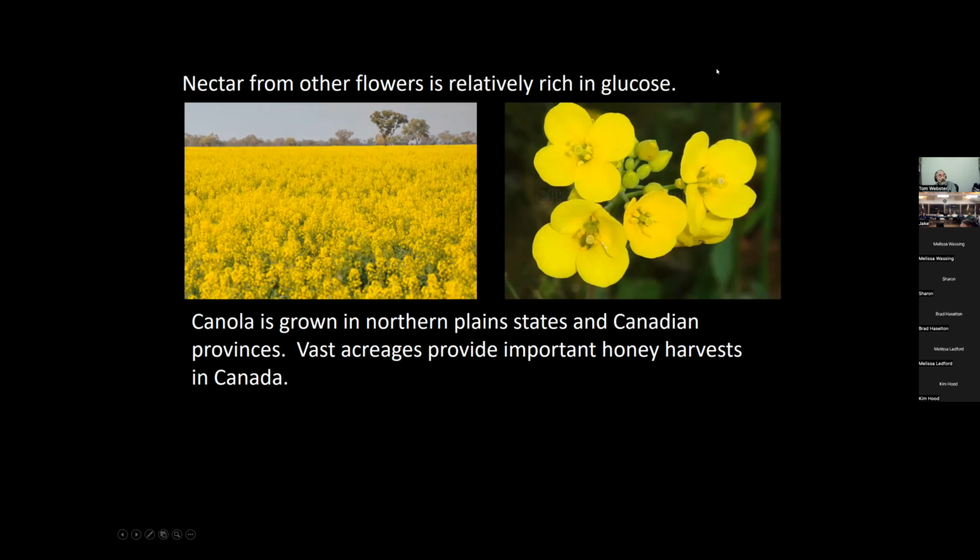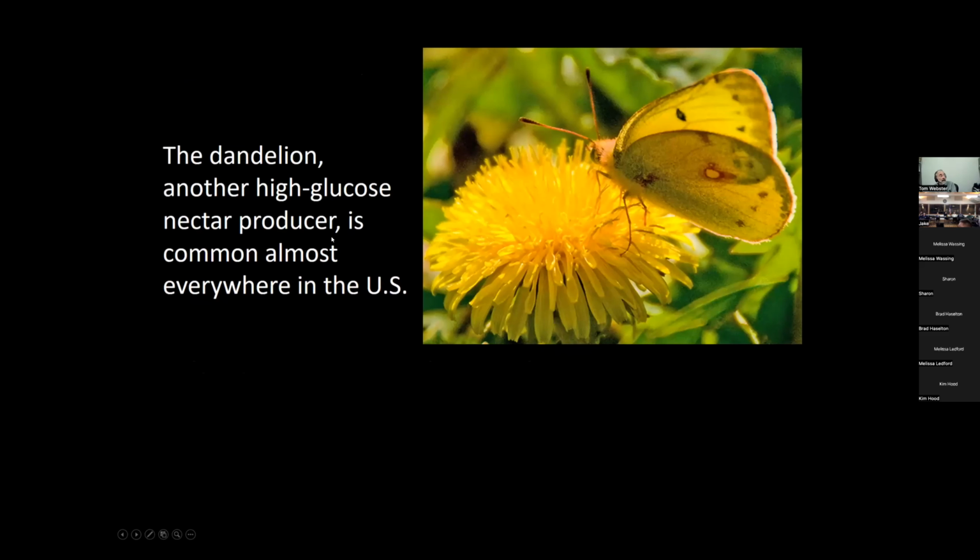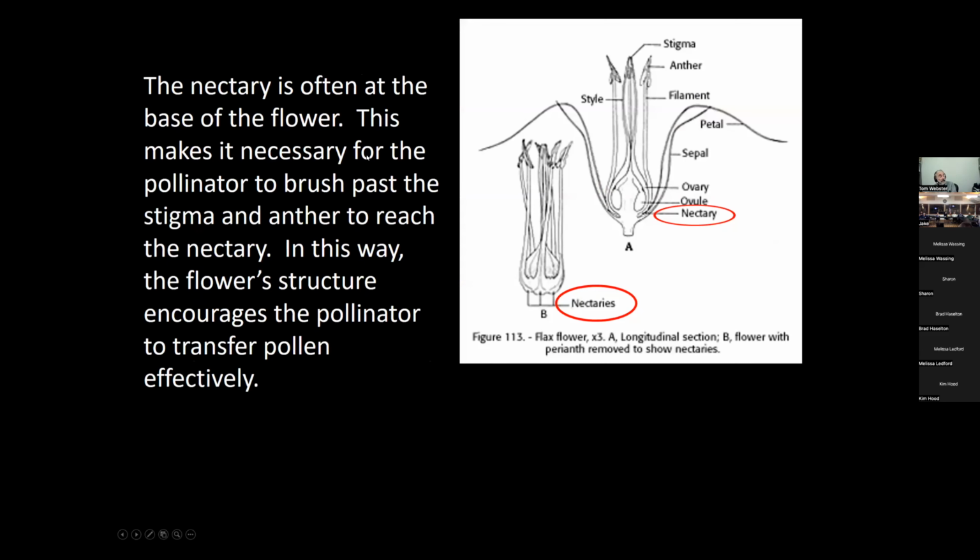A lot of beekeepers do not like getting canola honey because it'll just crystallize right there in the comb and you can't even extract it. It's a frustrating kind of honey to work with, and it'll crystallize very quickly in the jar. Dandelion also has high glucose, although usually we don't have fields and fields of dandelions, but it is another contributor to the nectar flow we have in Kentucky.